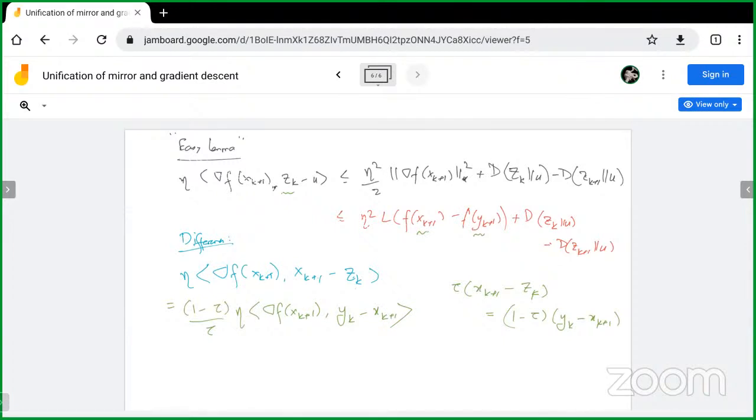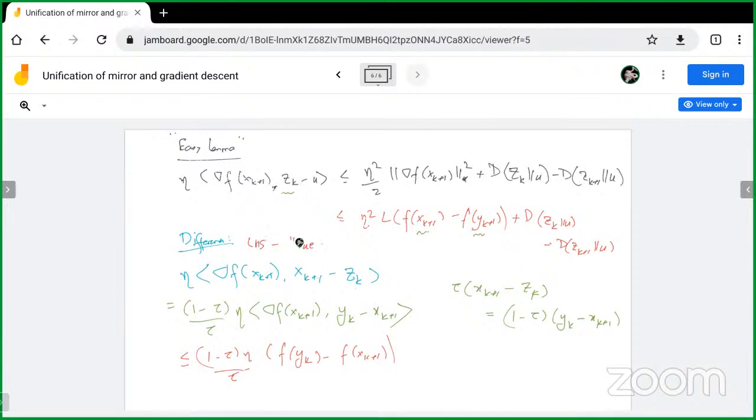So that is at most this. That's the difference between the additive and the true error.